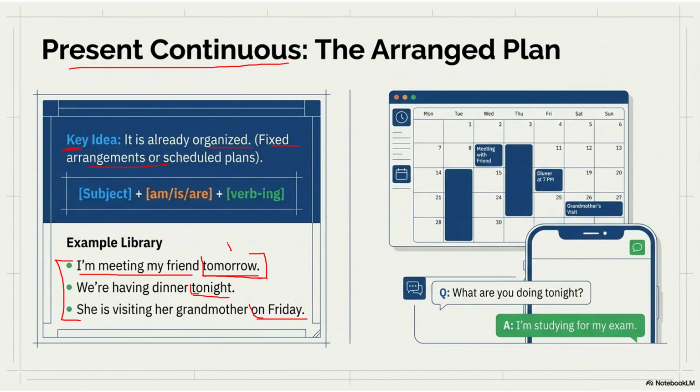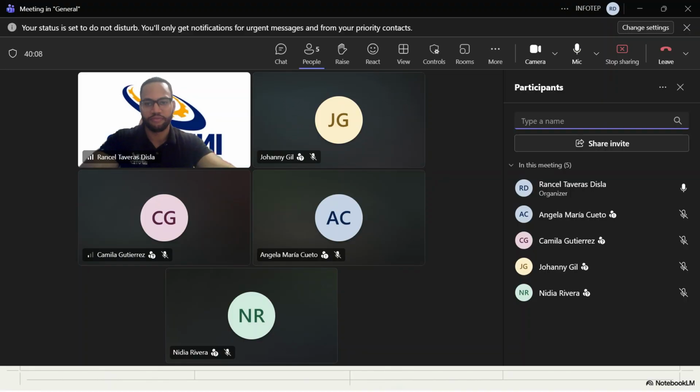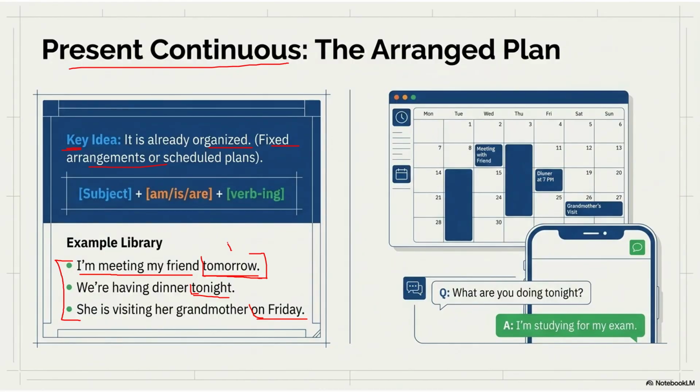Now I am talking about an activity in the future. Is that clear? Yes? Any questions? Any doubts? Okay. Simple, right? So that's the idea with the present continuous for the future.